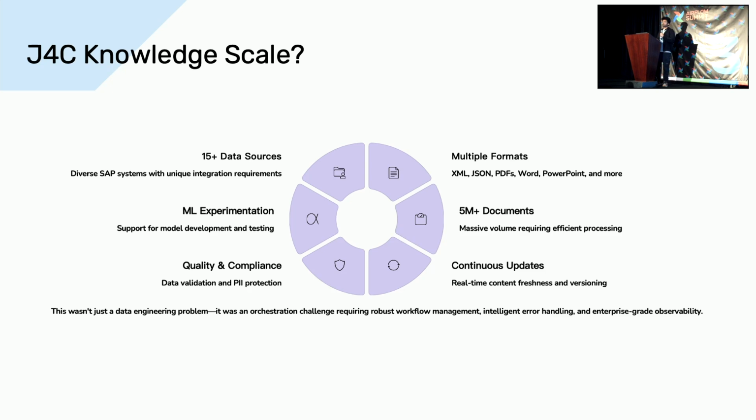Also, taking care of all the GDPR compliance and removing PII information, and also keeping the content refreshed all the time. So basically, one tutorial got released, let's say a month ago, and somebody made a change to it. Now the certification has new knowledge that the copilot, the Joule for Consultant, has to be on top of and be refreshed about.